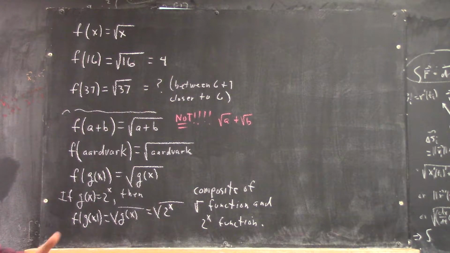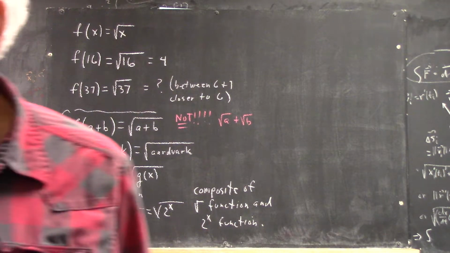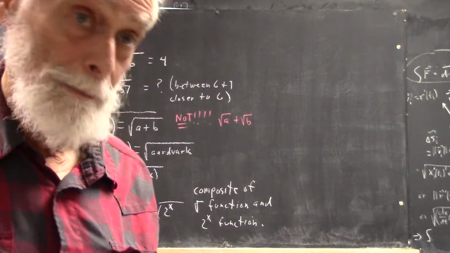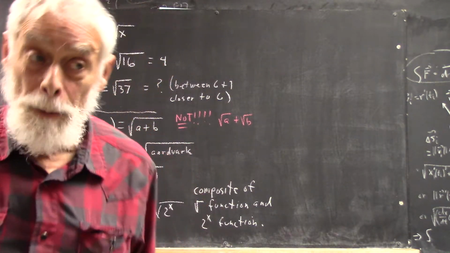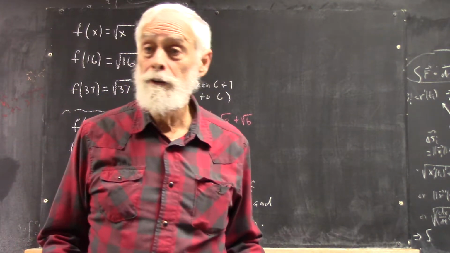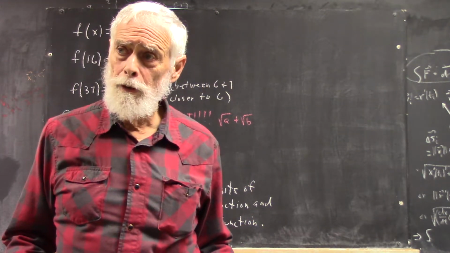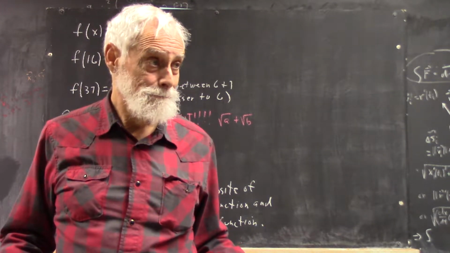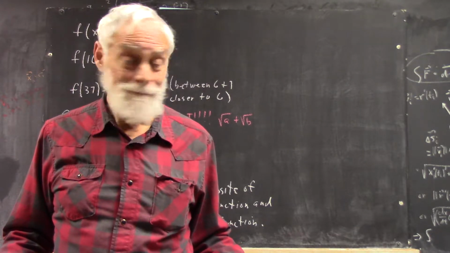Well, we can take our basic functions and form composites. Take any two basic functions, you should be able to write down the composite. And composites of our basic functions comprise the majority of the functions that you use in almost any profession, even engineering.